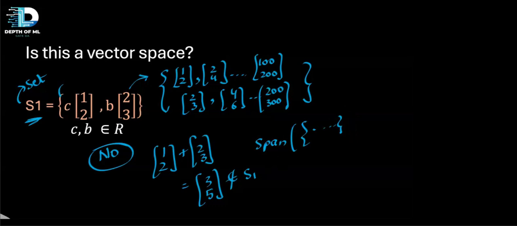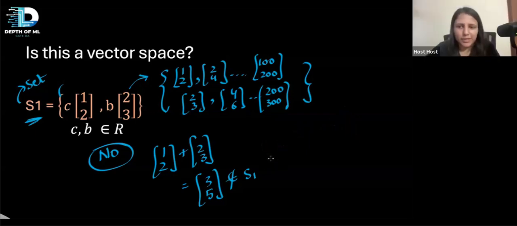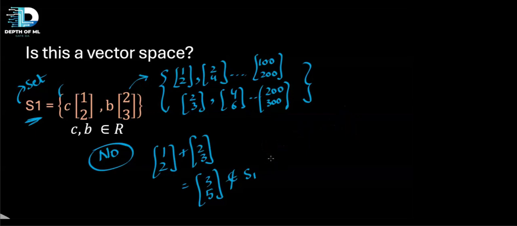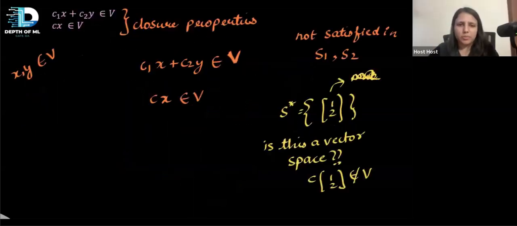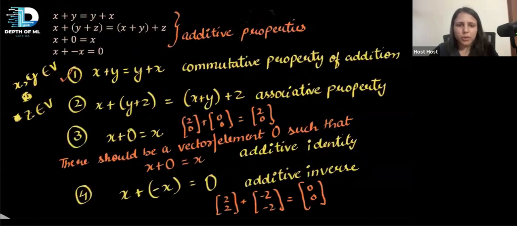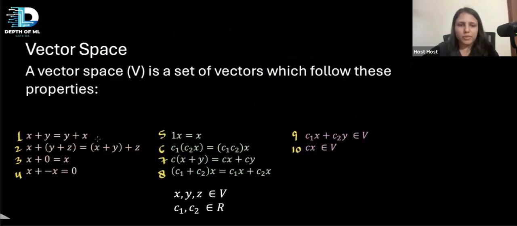Ma'am, but actually span only forms a space, right? Yes, I'll come to that next. So my question is that without asking about the span, can we comment on any problem whether it is a space or not? We can, right? So I told you the properties of a vector space. I told you that it should have the additive properties, the multiplicative properties, and the closure properties, right?